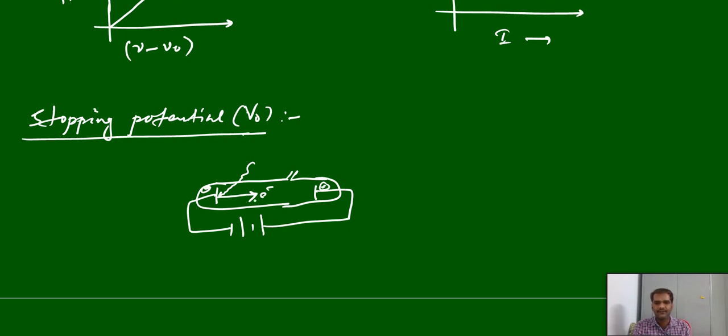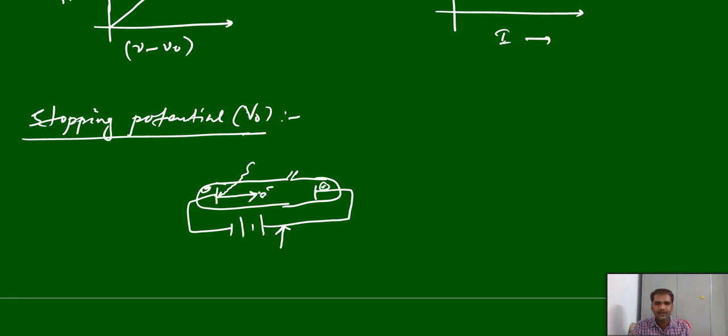In this case, we know that some electrons are ejecting. Now what we'll do is apply some electric field externally. This is connected to the battery, and you supply an external voltage, some potential. How much potential? After ejection, the electron moves towards the anode.